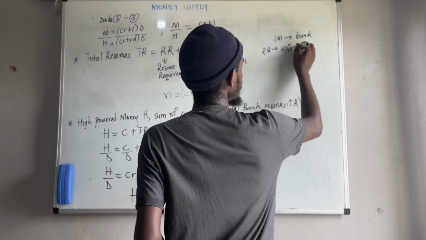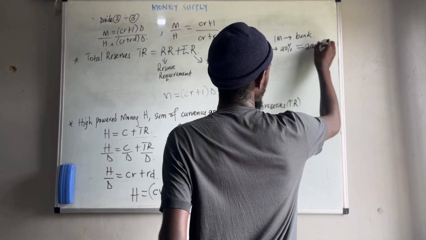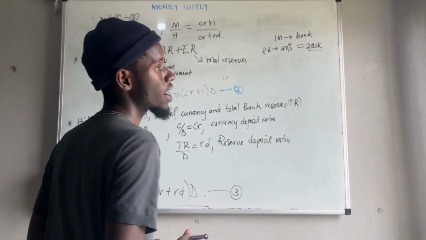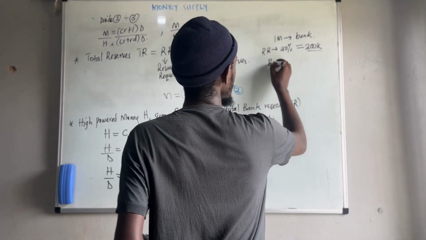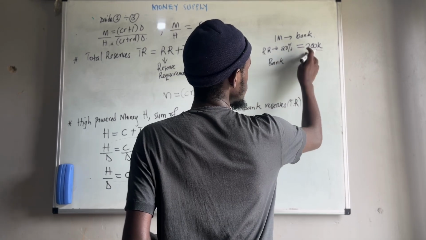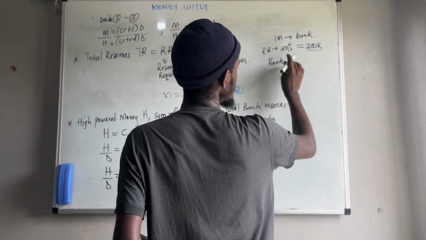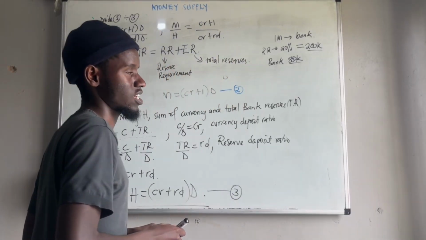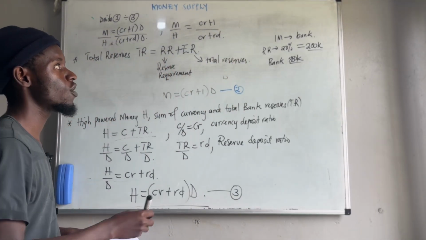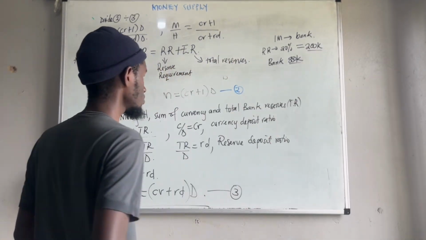Therefore, out of this 1 million, 200K will be kept with the central bank as the reserve requirement. And the bank will be left with 800K for lending and doing its activities with the customers. Therefore, this is the reserve requirement.